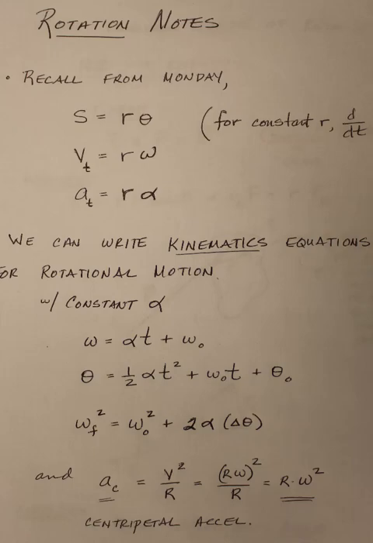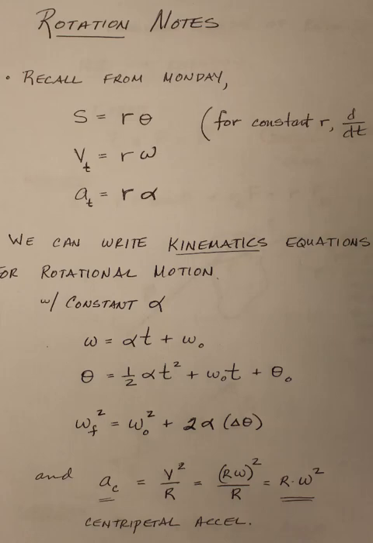Integrating again, we find that the angle as a function of time, the angular position as a function of time, is 1/2 the angular acceleration times time squared plus the initial angular speed times time plus the initial angular position.